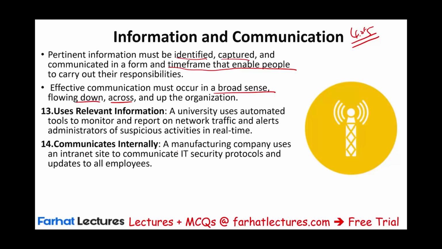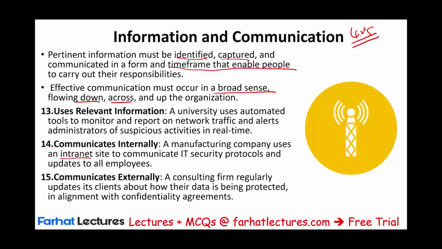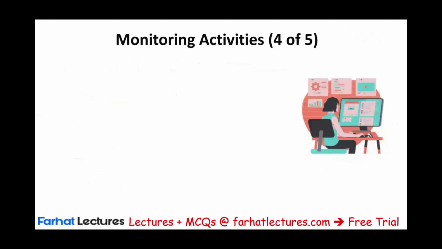A manufacturing company uses an intranet site to communicate IT security protocols and updates to all its employees. Use the intranet to communicate with employees. Communicate externally. A consulting firm on a regular basis updates its clients about how their data is being protected in alignment with confidentiality agreements. Again, principles 13, 14, 15, and we could have below them points of focus.